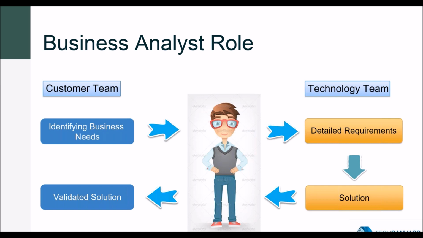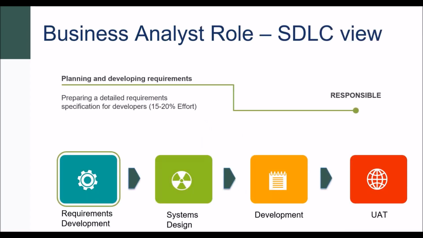So in a nutshell, this is the business analyst role as far as a project's BA is concerned. Now let's look at individual phases and see what a BA does in each.